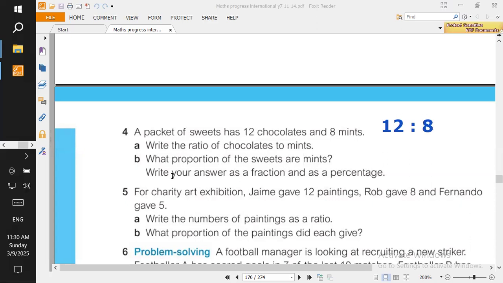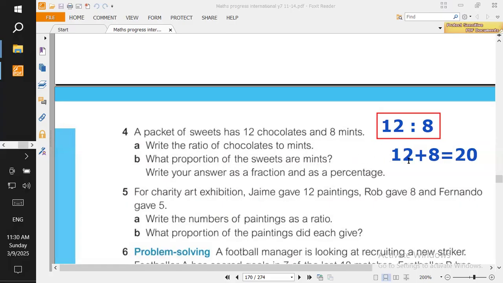First question is done. Now, what proportion of the sweets are mints? To write the proportion, I'm going to write it as a fraction, in which I'm going to take the part number divided by the total number. So here, the total number will be what? It will be 12 plus 8. So I'm going to add these. It's going to be 20.